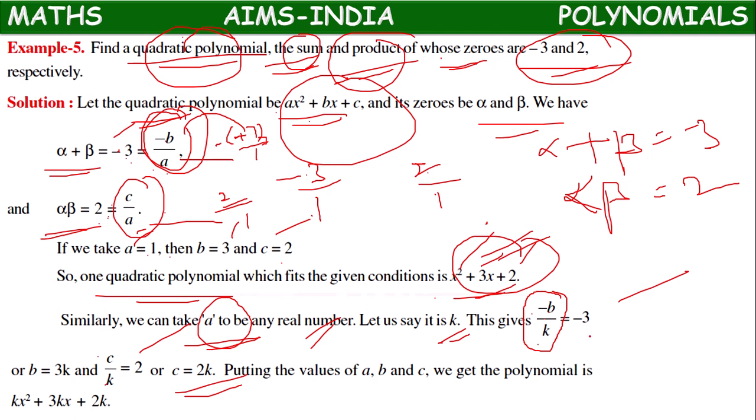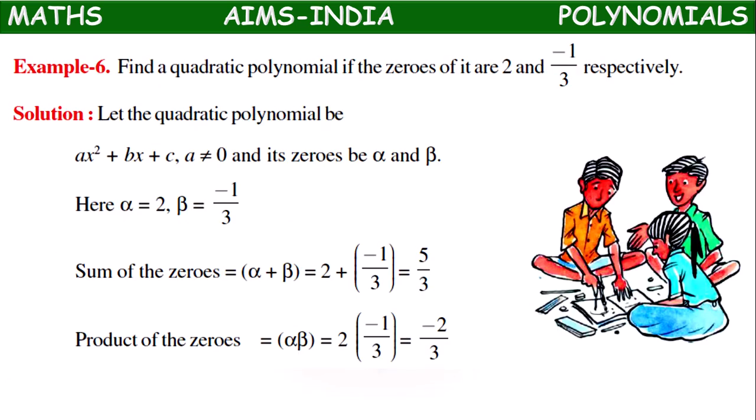Means minus b equal to minus 3k, or b equal to 3k, c equal to 2k we will get. And a we have taken as k. So what will be the equation then? Kx square, 3kx, 2k. Like that also we can write the quadratic polynomial.